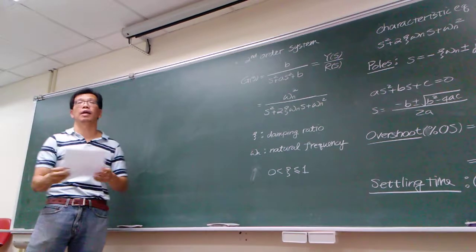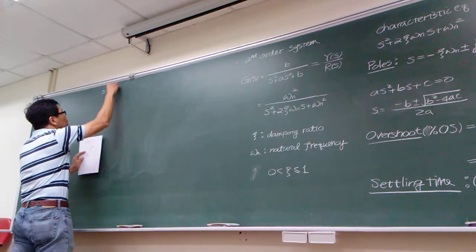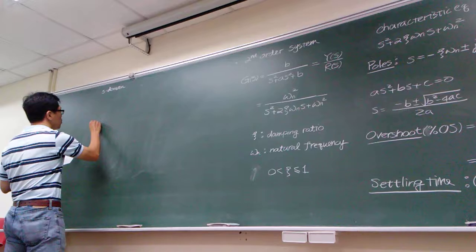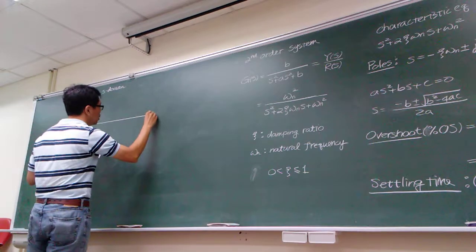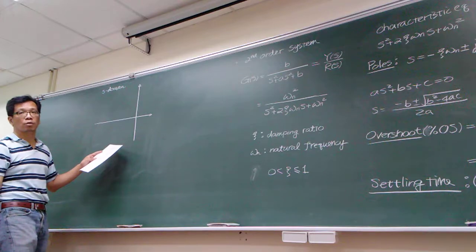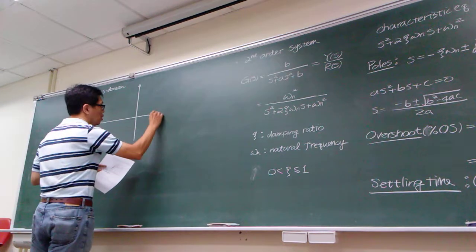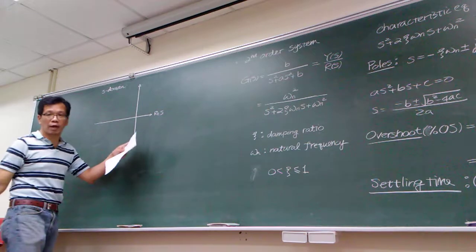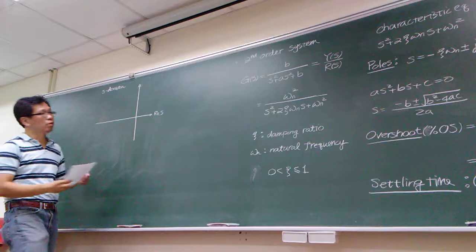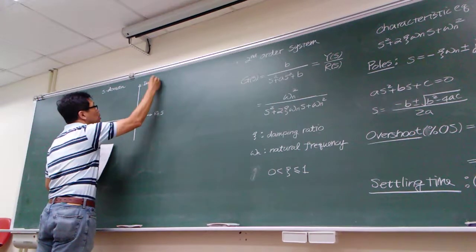We are going to design everything in terms of s. So what that means is I'm going to draw this like this. We're going to put pole locations on this plot. So the two axes over here are no longer time and magnitude. This becomes the real part of your pole and the imaginary part of your pole.